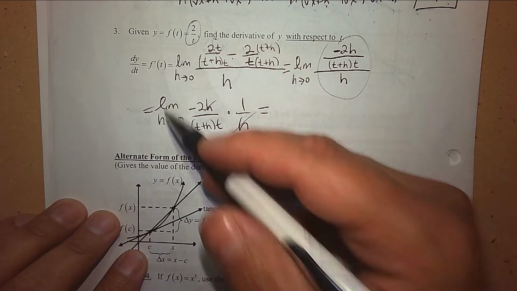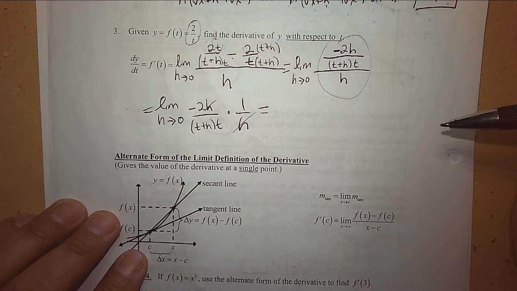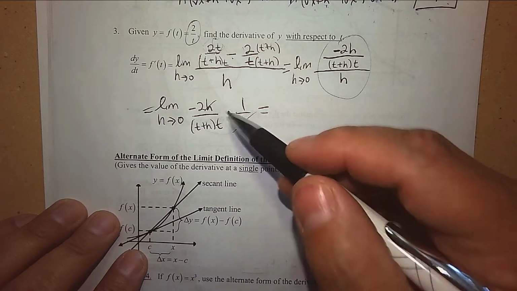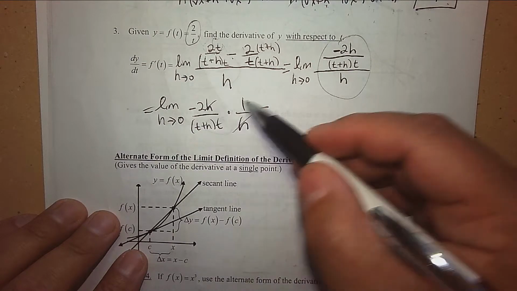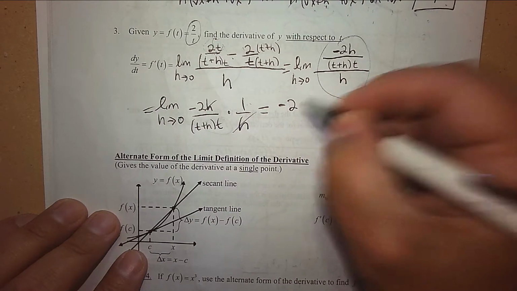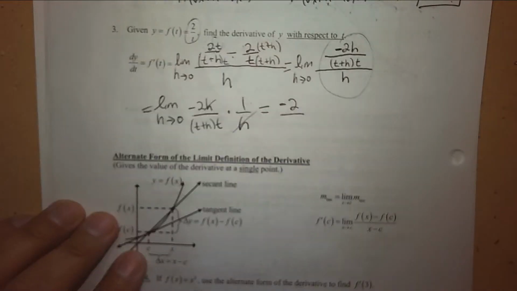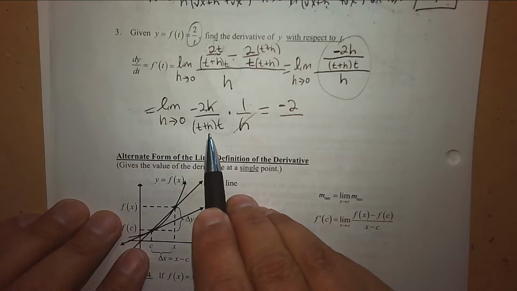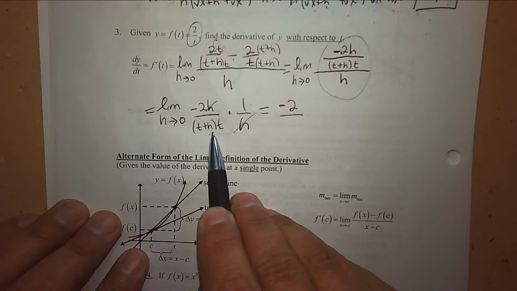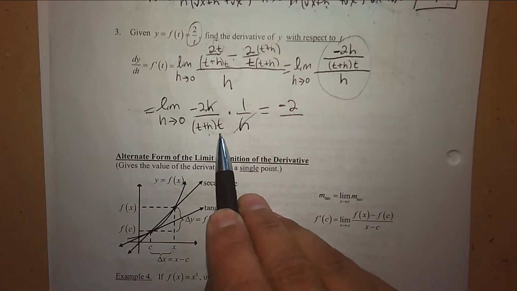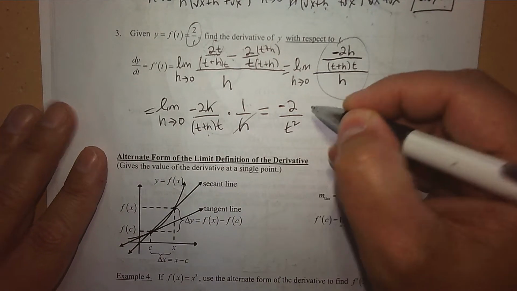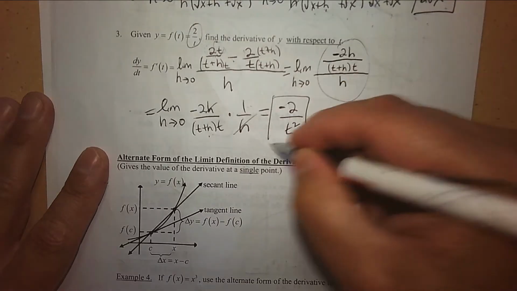Now, can I plug in 0 for h? Yes. What am I left with on the top? Negative 2 times 1 is negative 2. What happens when I put in 0 for h? t plus 0 is t, and then t times t is t squared. And that's it. That's the derivative.